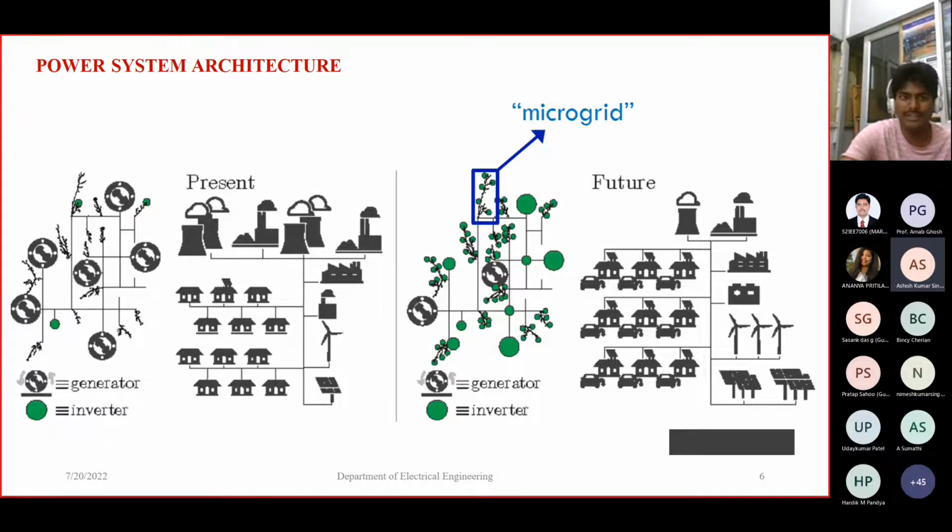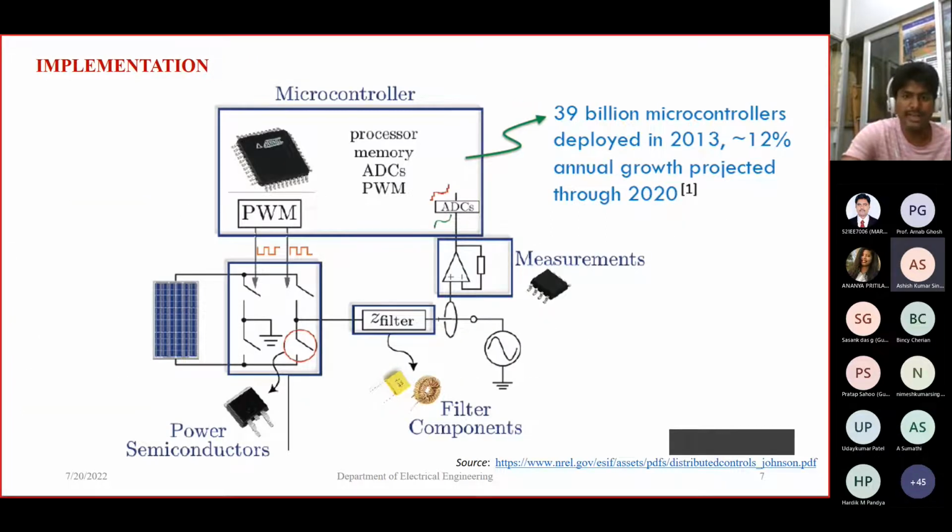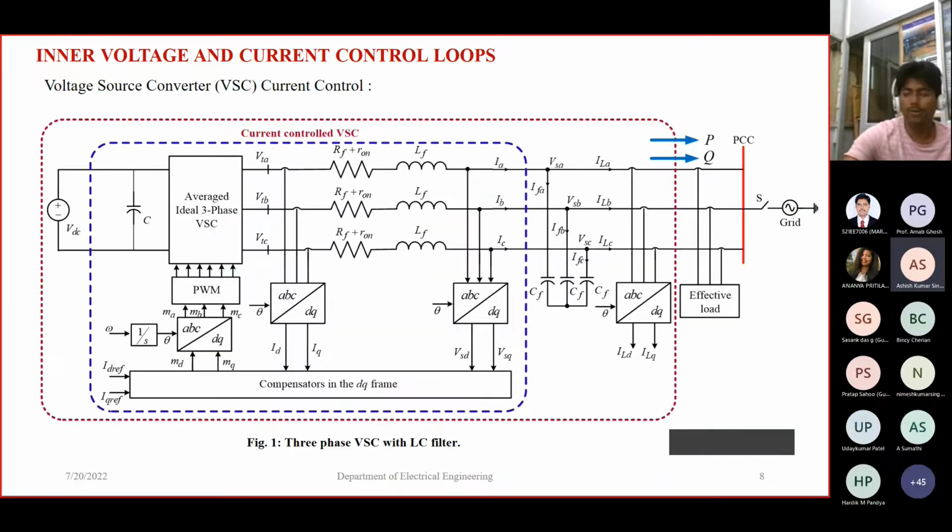This is the futuristic power system architecture, and this is the implementation. Here you can see the inverter, and this is the microcontroller. By using the microcontroller, we are controlling the inverters to form a grid.